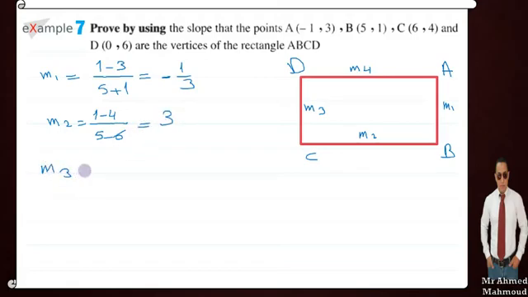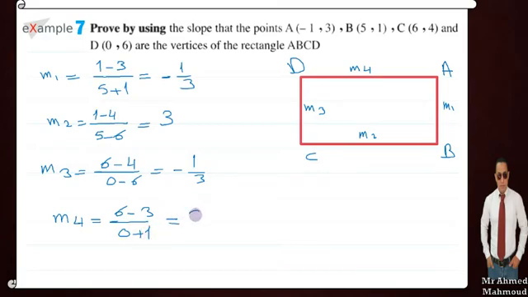M3, which is the slope of CD, equals 6 minus 4 over 0 minus 6, which is equal to negative 1 over 3. Slope of AD, M4, equals 6 minus 3 over 0 plus 1, which is 3.